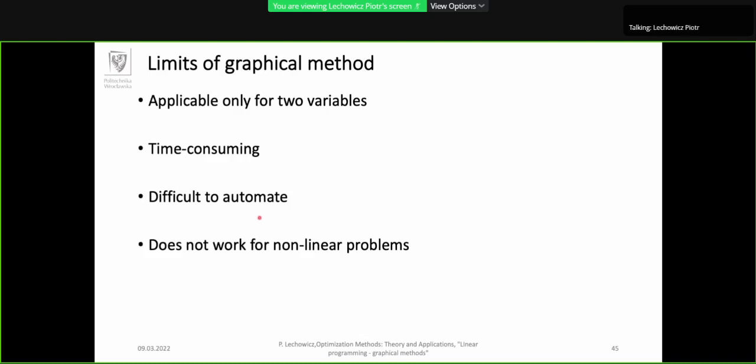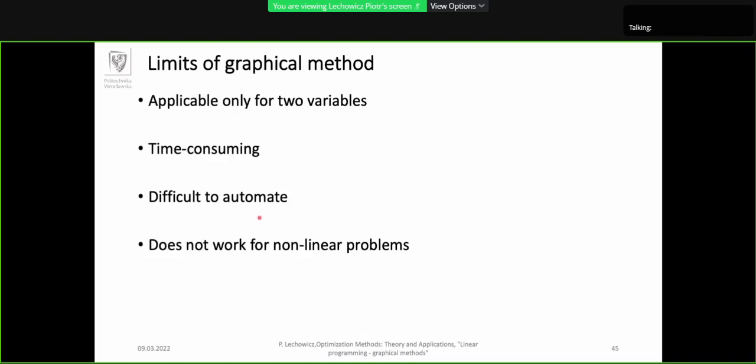Maybe I will explain a little bit more on the next talk. But I suppose it's quite intuitive that for nonlinear problems, it's not possible to solve them graphically because we do not know how to move this objective function level lines.